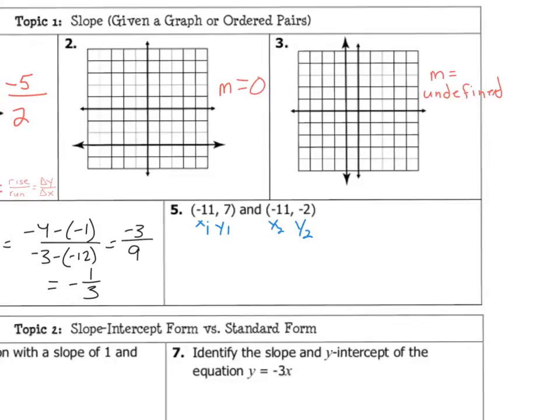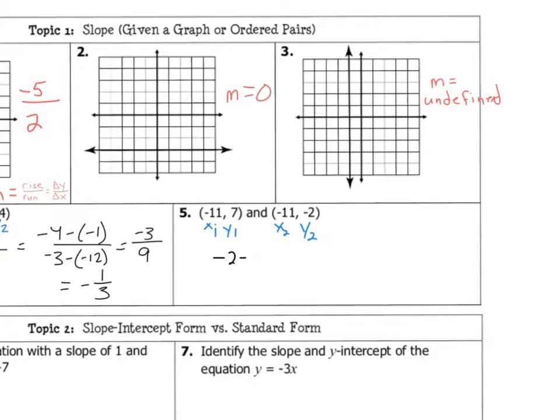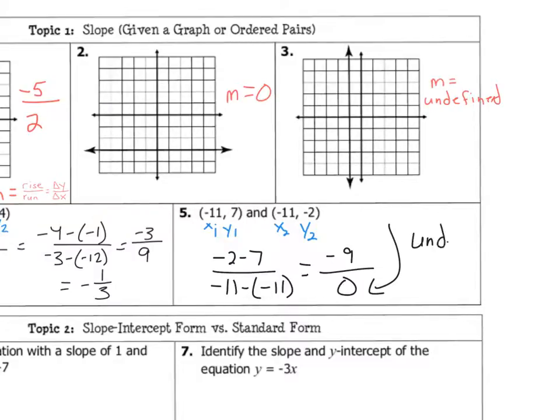And it's y2, -2, minus y1, which is 7, over x2, which is -11, minus x1, which is -11. -2 minus 7 is -9. -11 minus -11 would mean -11 plus 11, which would be 0. And when we have 0 in the denominator, that means our slope is going to be undefined. That means we're going to have a vertical line, which vertical lines are undefined.